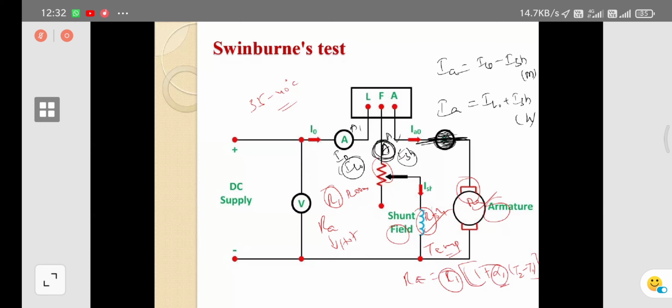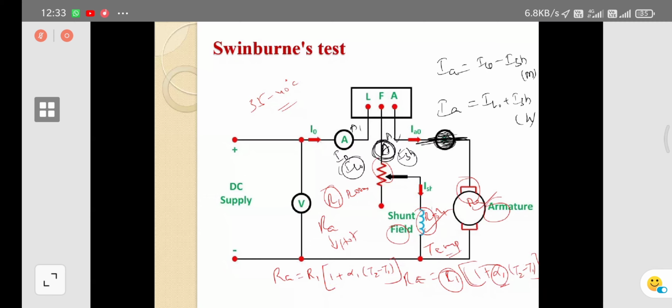So finally we get RA equal to R1 of 1 plus alpha 1 times (T2 minus T1). Where T2 and T1 are the temperatures.